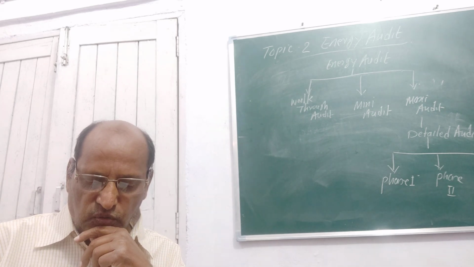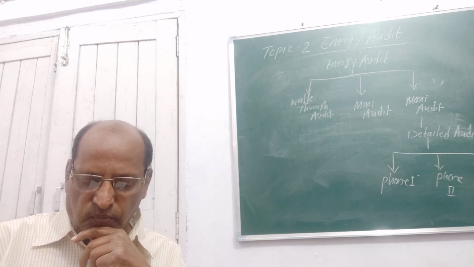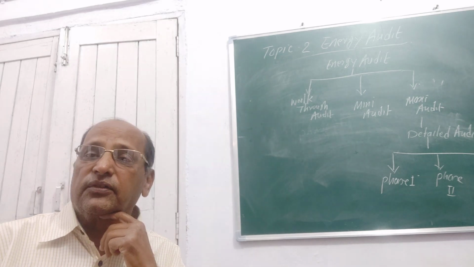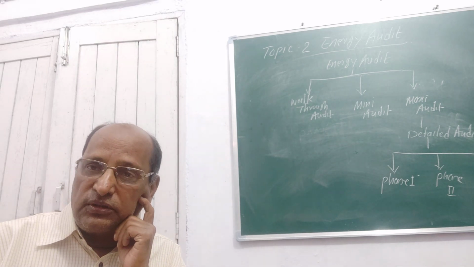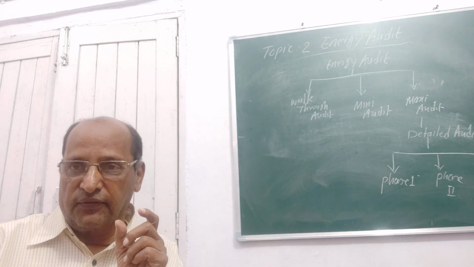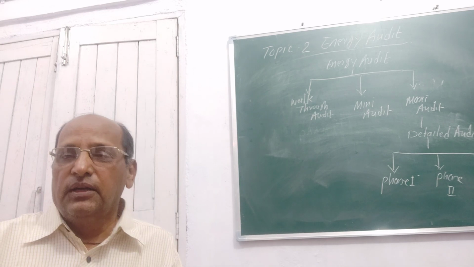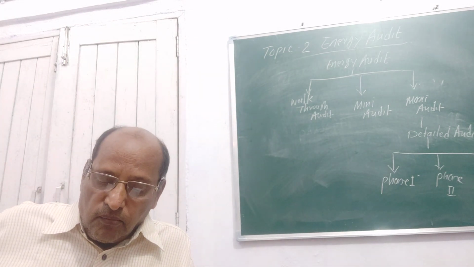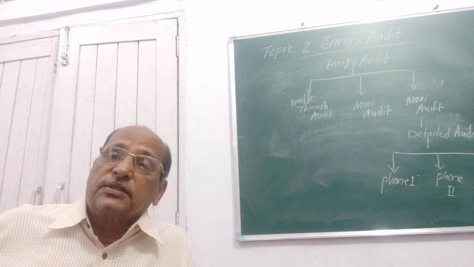Then we go to the next point, to provide the most accurate estimate of energy saving and cost. Now, as I told you just now, we cannot go for zero tolerance in the energy system. So you have to go for the most accurate estimation.